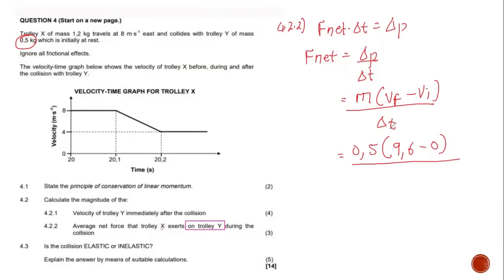So now, how are you going to find the delta T? This is the collision time, right? How long did the collision last? Remember, this is during the collision, so the time of the collision is in between here. So you don't use 20.1, you don't use 20.2, but rather you have to find the difference between the times here. In between here, this is the collision time.